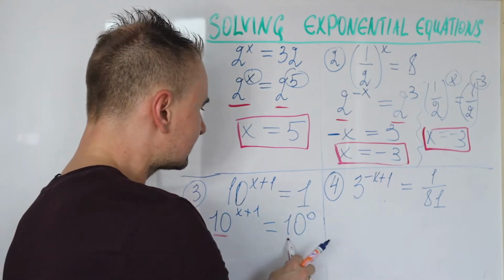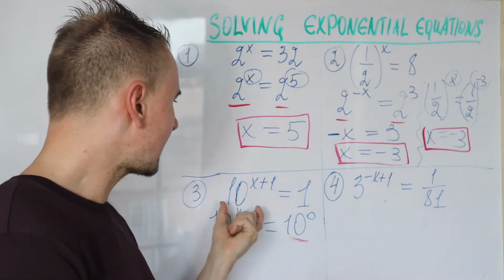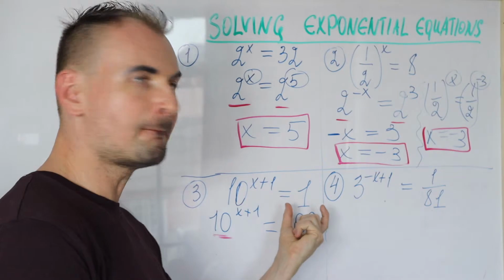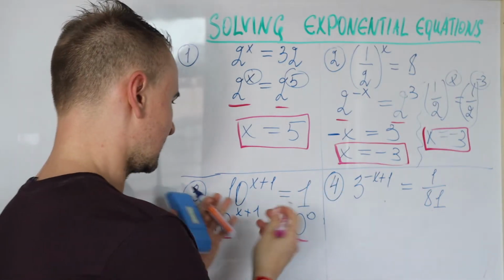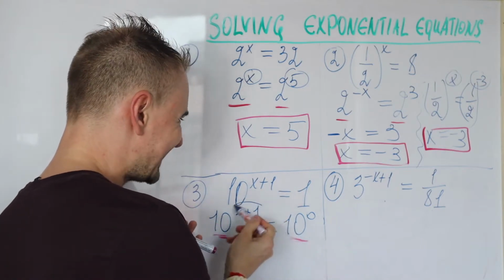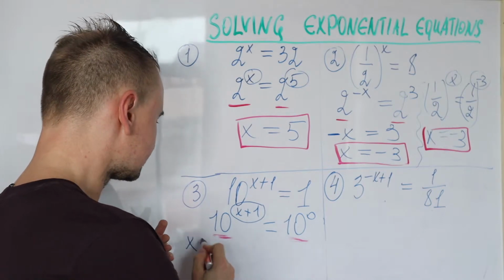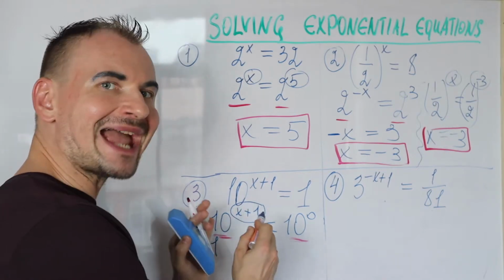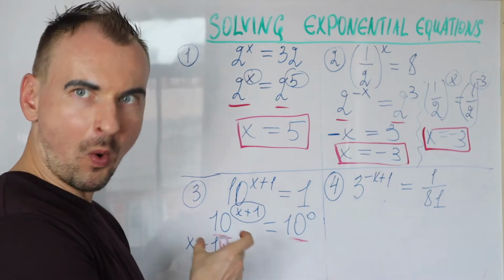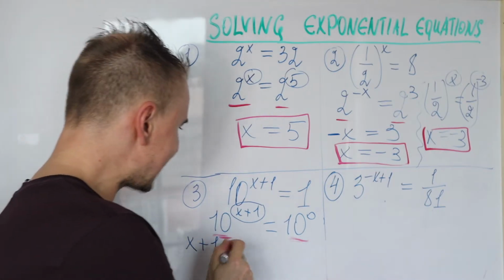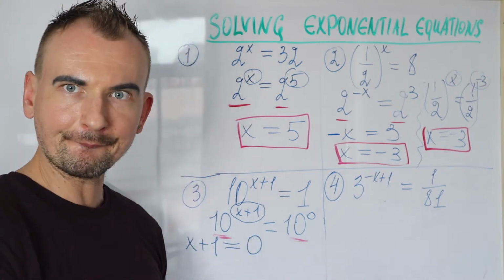As soon as you have it, leave the bases behind and set the powers equal to each other. Here you have x plus 1, so it's not x, it's x plus 1. You have to keep the entire power. So x plus 1, you set it equal to 0.